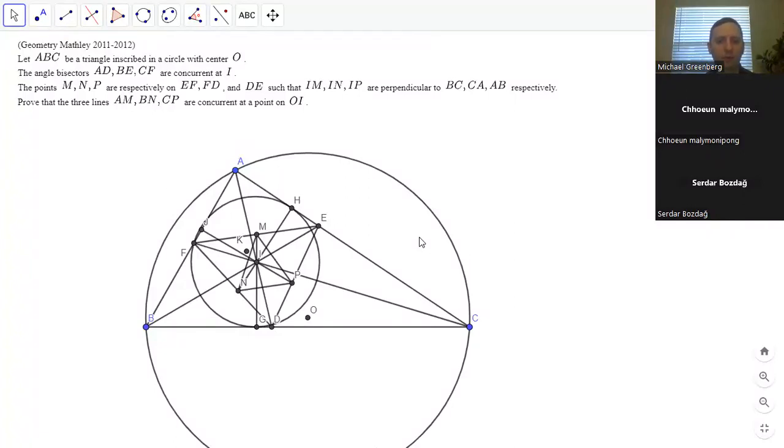Can we use Desargues' theorem? Let's see, that might be a little tricky because we don't know where AB and MN intersect.